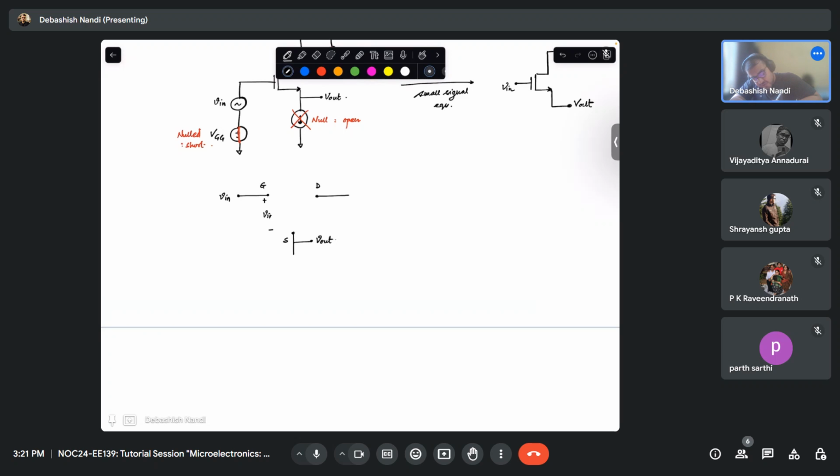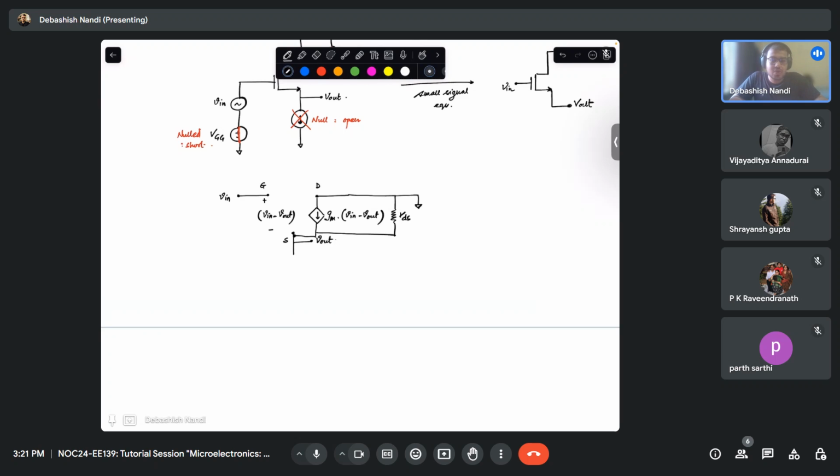So this will be your V in minus V out, and this translates to a dependent current source, that will be your gm times this VGS, which is V in minus V out, and you will have an output resistance RDS connected to this, and this terminal of your drain is grounded. Okay.